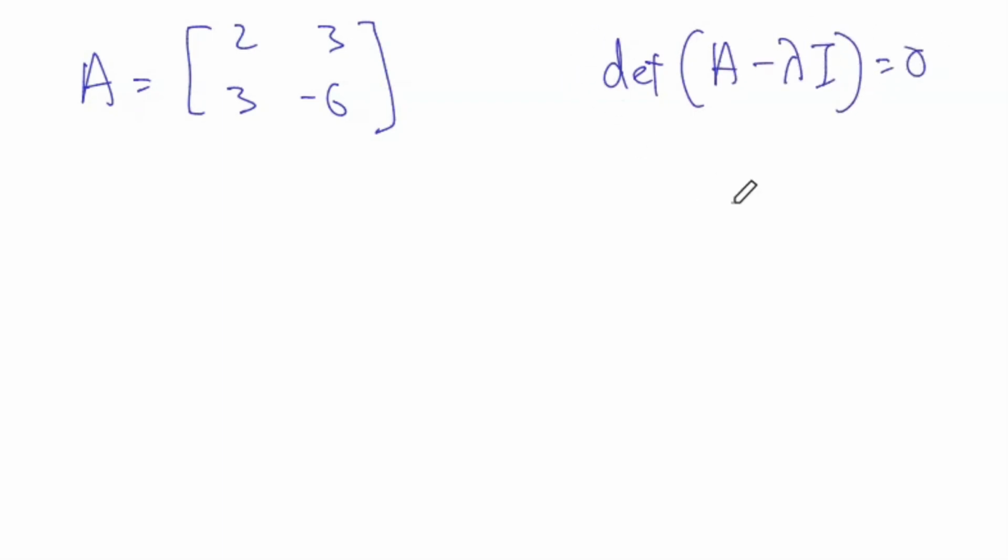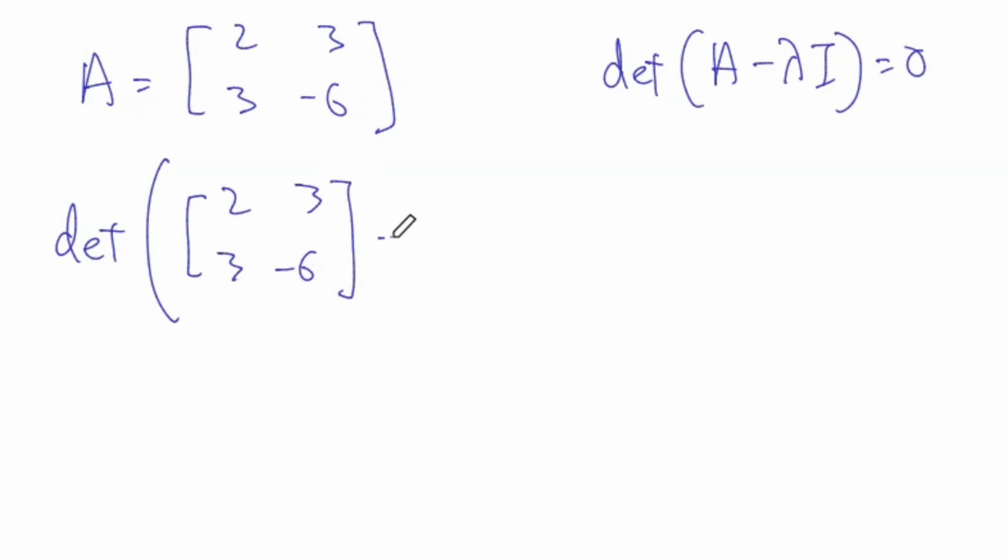So this one means the determinant of the matrix 2, 3, 3, negative 6 minus lambda I, where lambda I is lambda on the diagonal, is equal to 0.